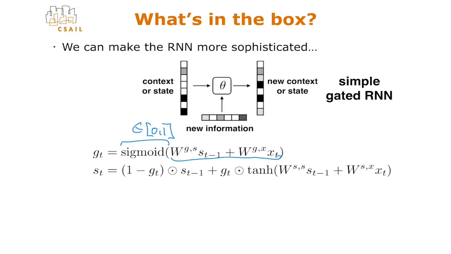So we take the previous form of the new state update that we would have previously just used directly. Now we take a combination of what we have previously and the new one and balance between the two using the gating network.